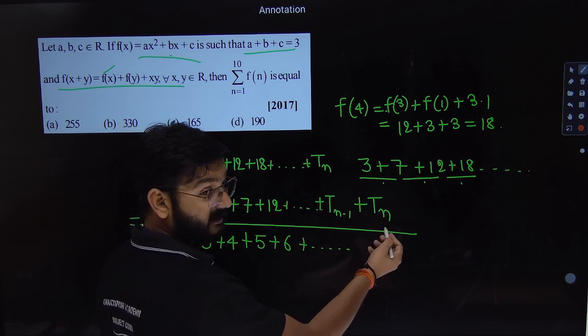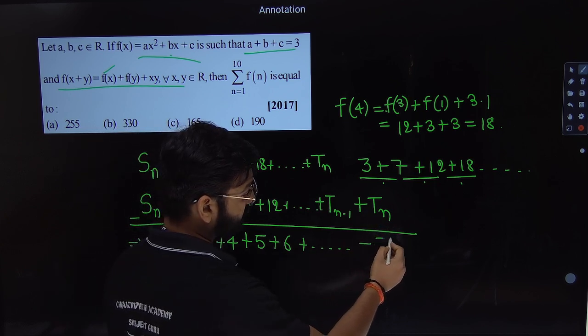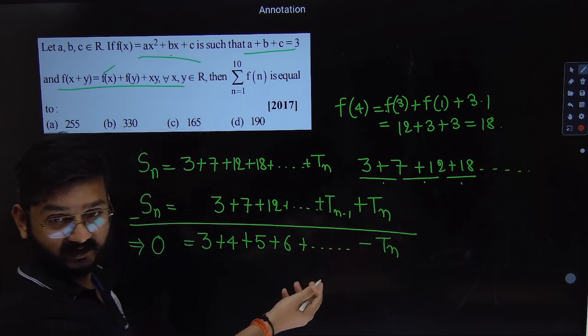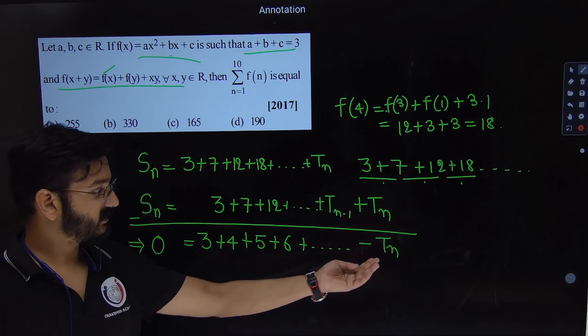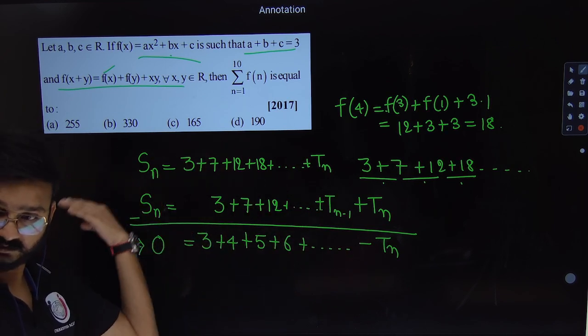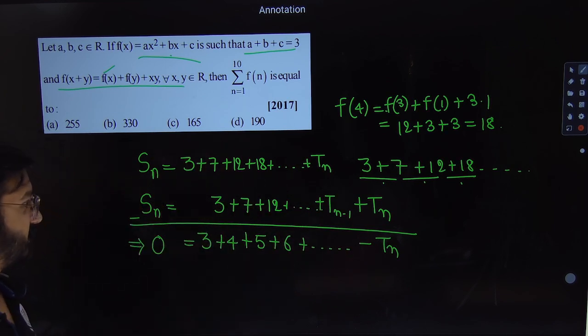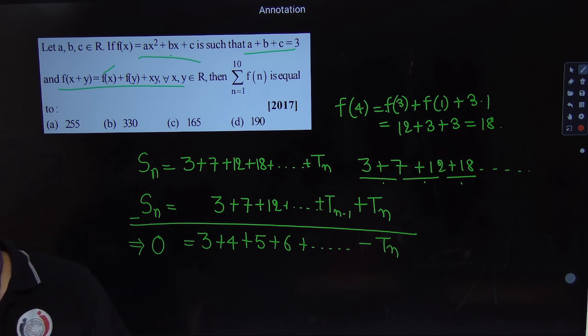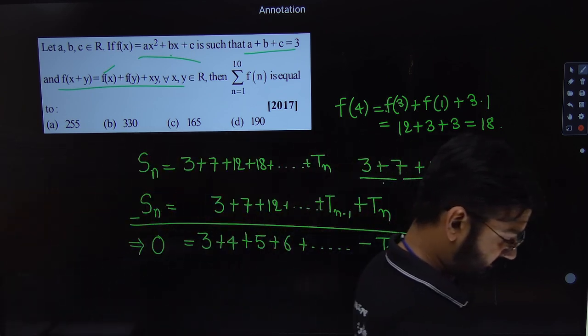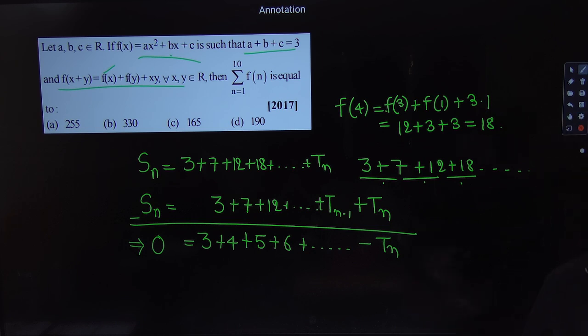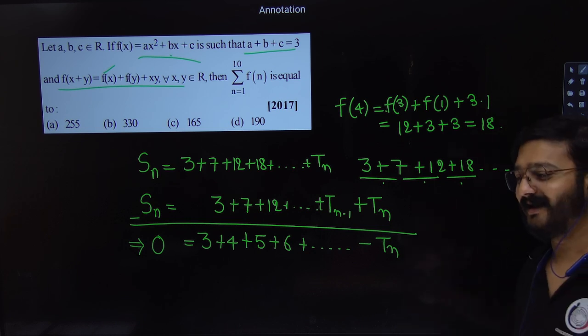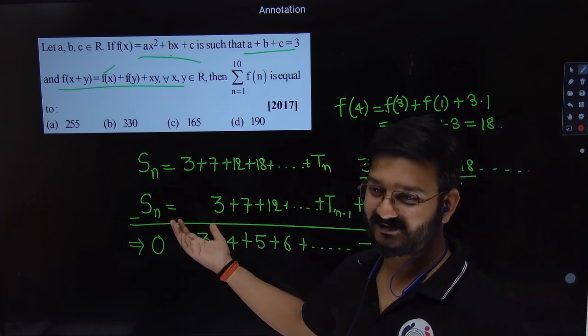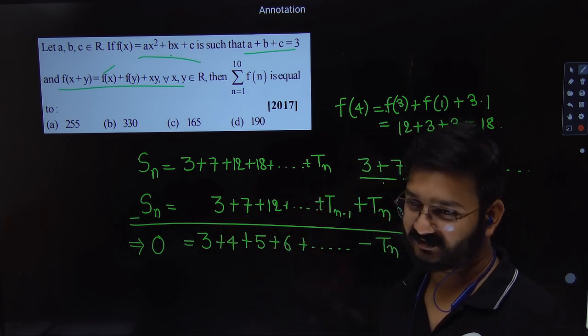And this Tn will be plus Tn or minus Tn? You are subtracting, right? So minus Tn. You can say that here it is 0, but we have just shifted by 1 unit.